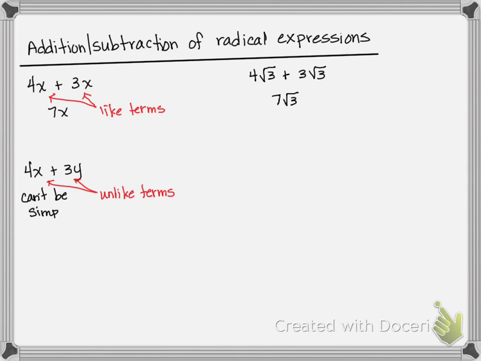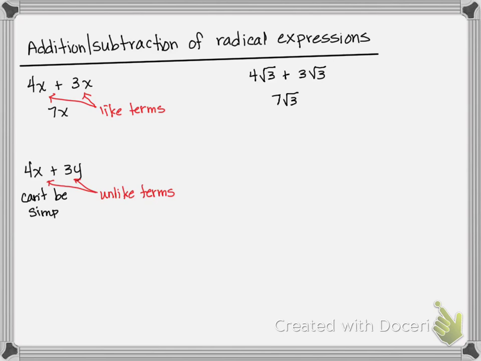So just like here we're counting up x's, here we're counting up square roots of 3. And once we've simplified a radical, we can't change what is under the radical symbol. We can count them up, but we can't change it unless we're multiplying or dividing.